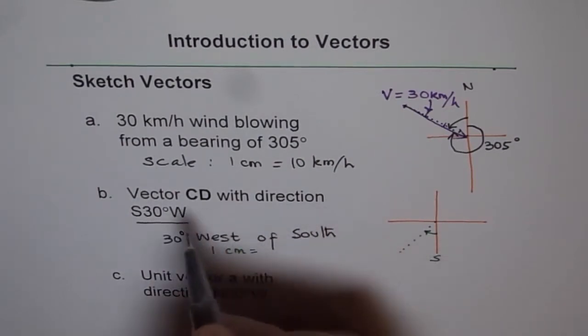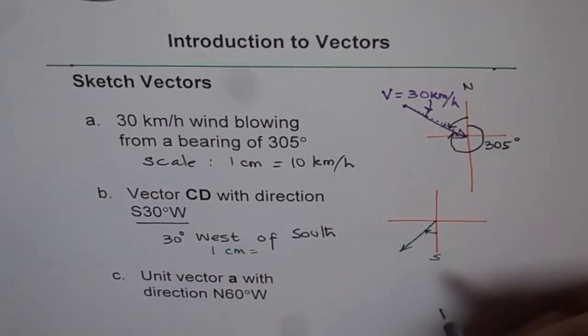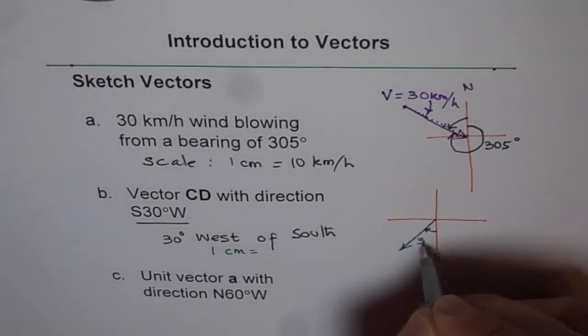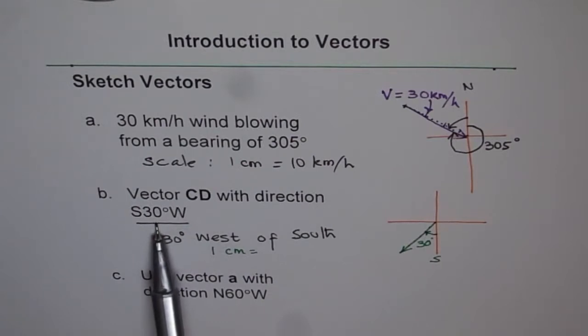So there is no magnitude. So we'll just draw a vector. Right. So that's it. Since the magnitude is not given to us, we'll just draw a vector and we say this is 30 degrees. So this becomes 30 degrees west of south. Do you see that? So that is how it is going to be.